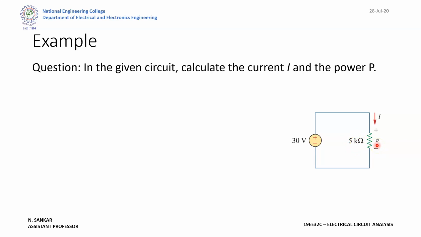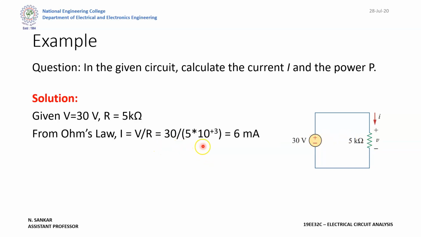Our aim is to find the value of I and the value of P. So I is nothing but V by R, that is 30 divided by 5 kilo ohm, which is equal to 6 milliampere. 30 divided by 5 is 6, and 10 power minus 3 is milli. So the current is 6 milliampere.